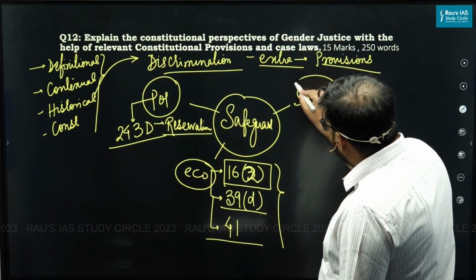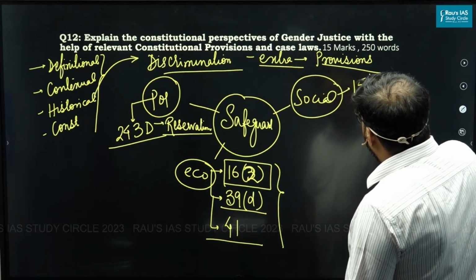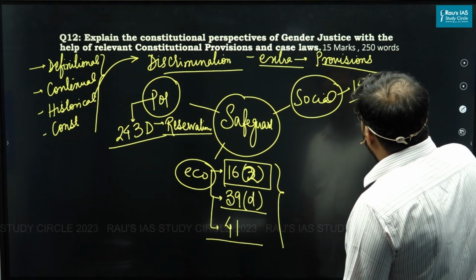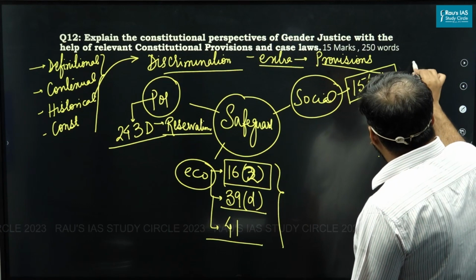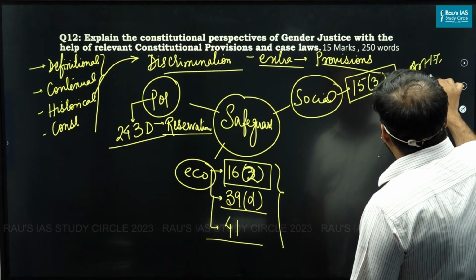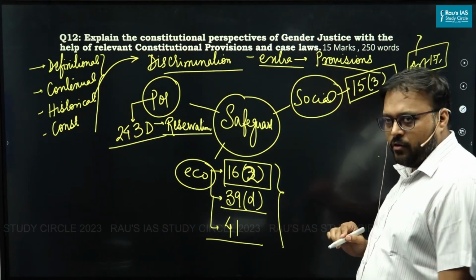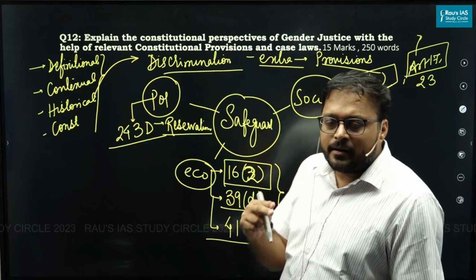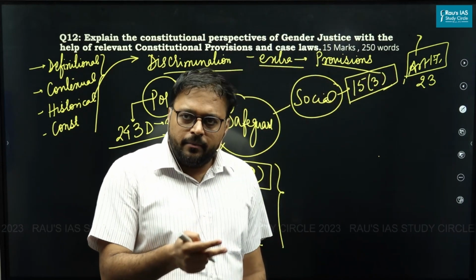Now, under the social safeguards, we can safely mention 15 clause 3. Here we can mention article 17 and article 23. Yes, article 17 is not exclusively for women. It is for the practice of untouchability. But yes, it is applicable to women also.